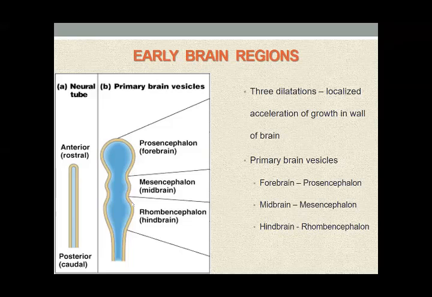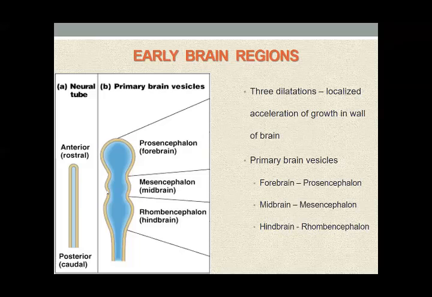Because of that, the areas in the wall that undergo rapid growth develop into dilatations. Where growth is relatively slow, they develop into constrictions. So you have 3 dilatations because of rapid growth in the wall. Now what are these 3 dilatations?